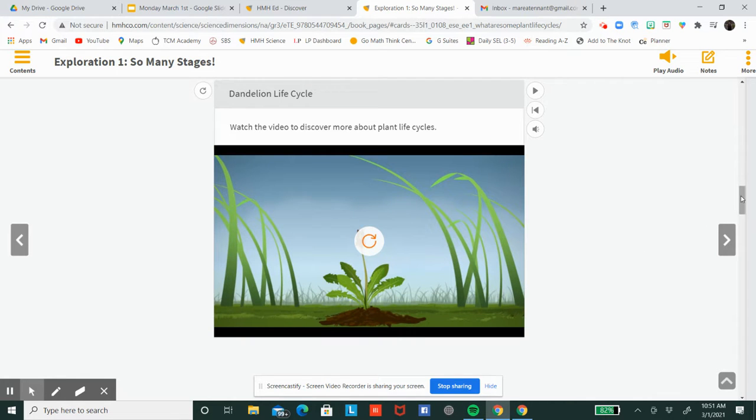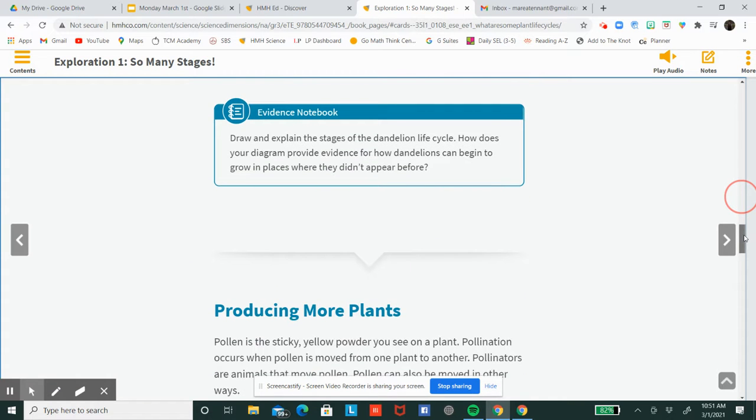So that gave a bit more of a better look at what the life cycle of a dandelion looks like.